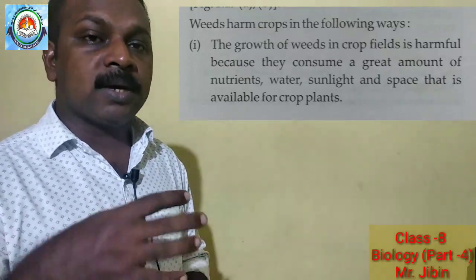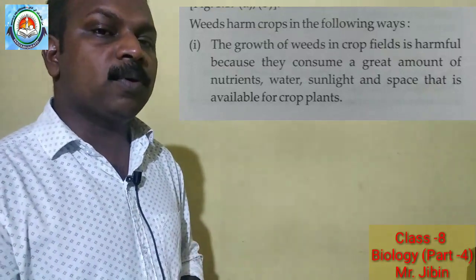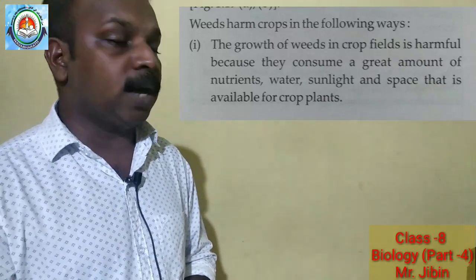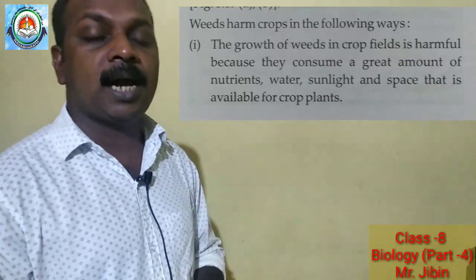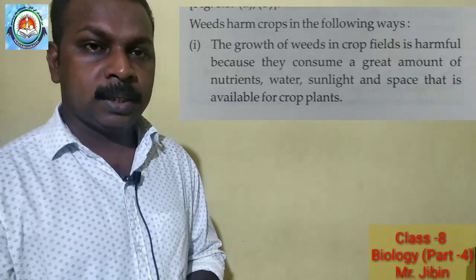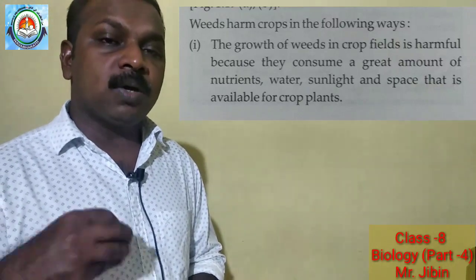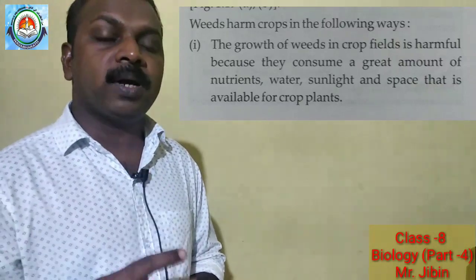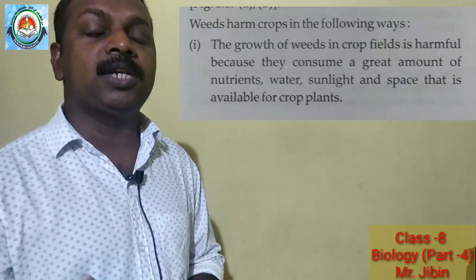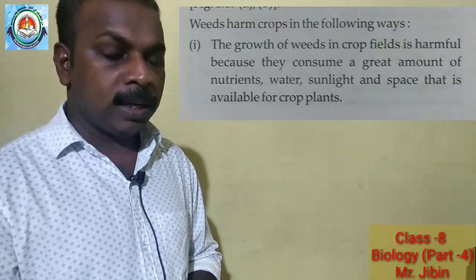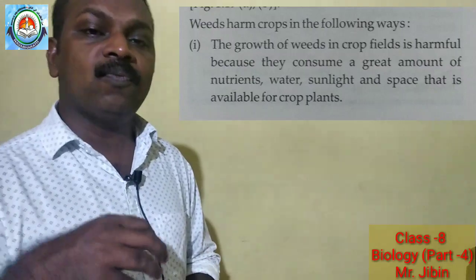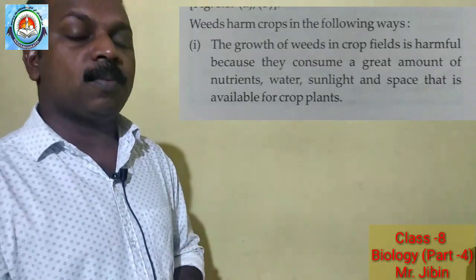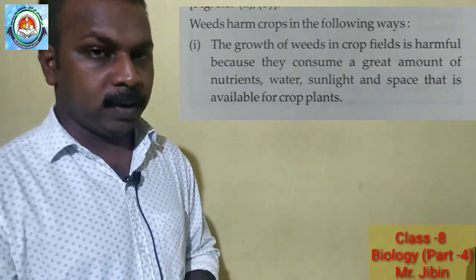But instead of the crops, the maximum amount of nutrients will be absorbed by these unwanted plants or weeds. It means that our main crops may not get sufficient nutrients from the soil. Instead, these weeds may absorb all these nutrients from the field.